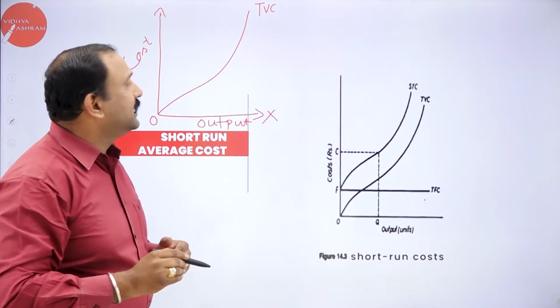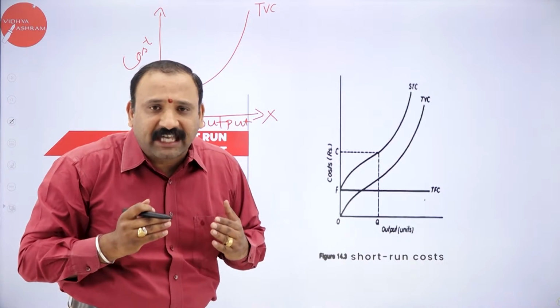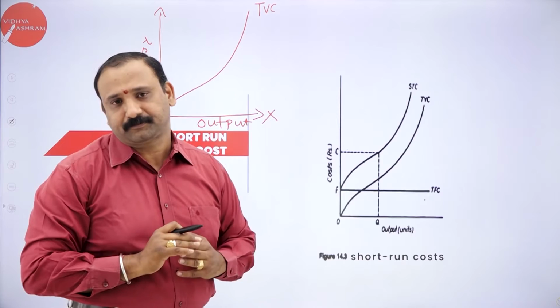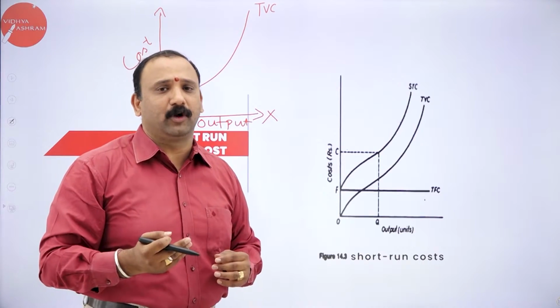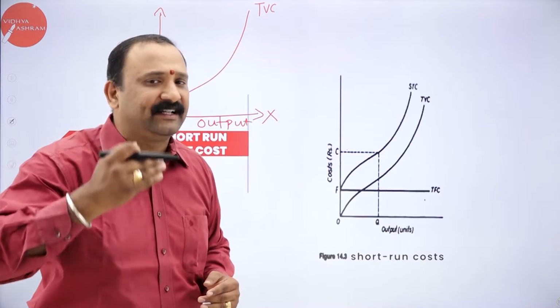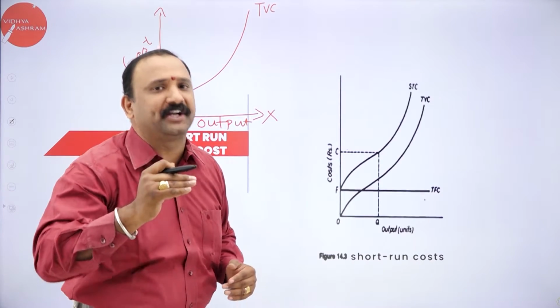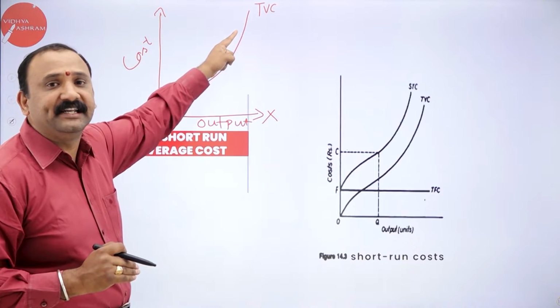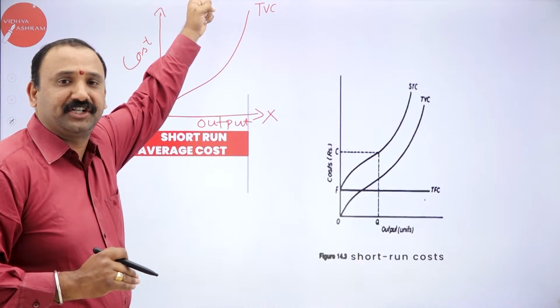Now you will see that the total variable cost keeps increasing right from the day of your production. That is quite obvious. Why? Because once you have started producing something, a variable factor is added during the production cycle. So your total variable cost has started increasing as you go up the production line.